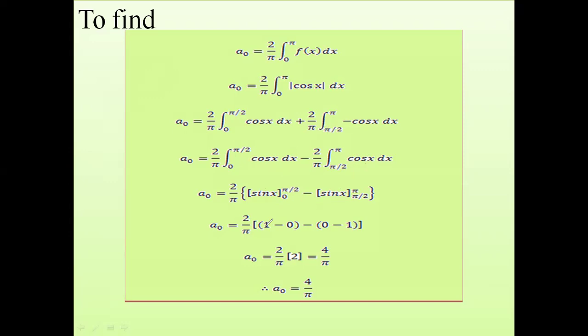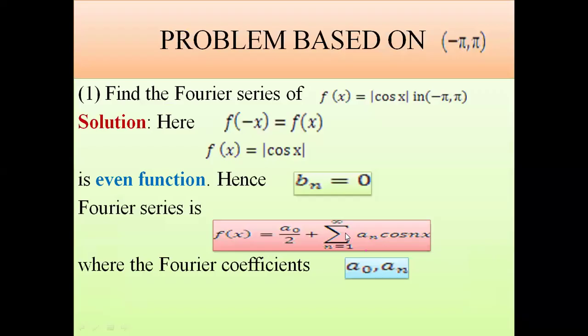Upper limit sin pi by 2 value will become 1, sin 0 is 0, sin pi is 0, sin pi by 2 value is 1. So 1 plus 1, that is 2. 2 by pi into 2 is 4 by pi. This is a naught. a naught is equal to 4 by pi.